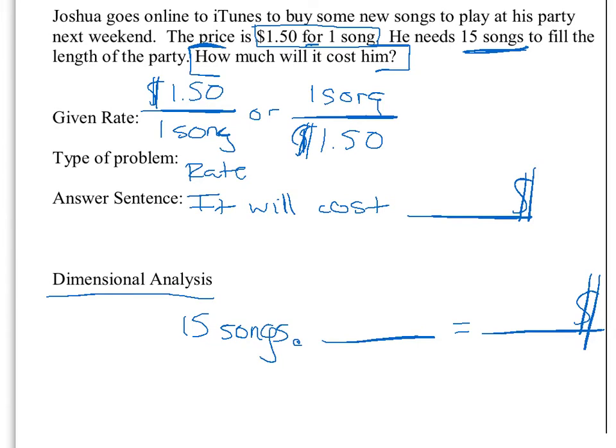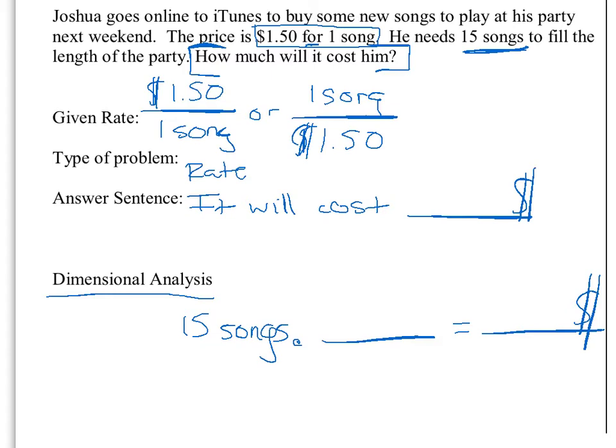The great thing about dimensional analysis is we can use the units just like we would any other number in a multiplication. Meaning that if we have the same units on top and the same units on bottom, just like any other multiplication, we can cancel them right on out.